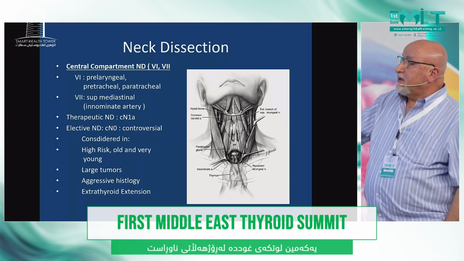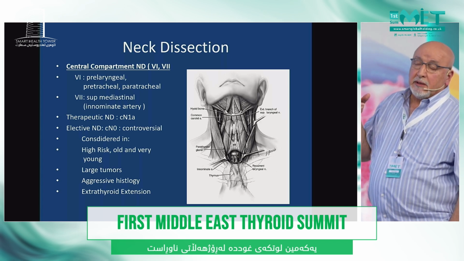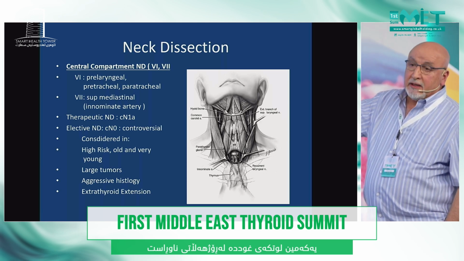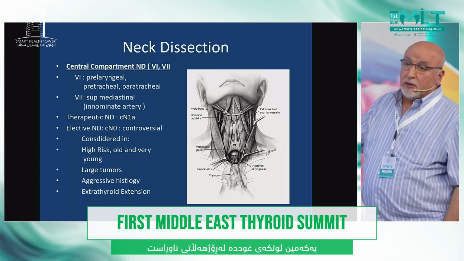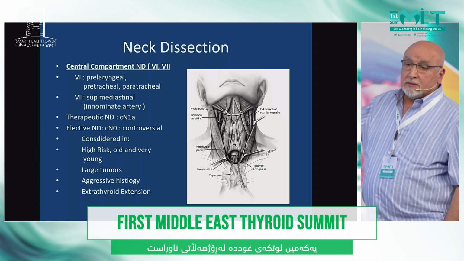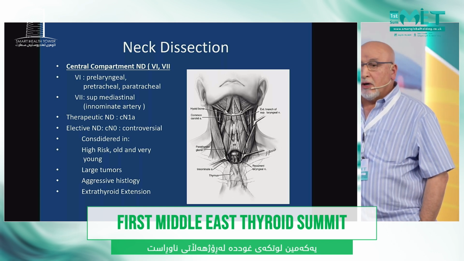Now we have two neck dissections for the central. We have a therapeutic neck dissection. This is when you have grossly pathological disease, clinical N1A. Elective neck dissection for occult disease, clinical N0, is controversial. There is no agreement on it.